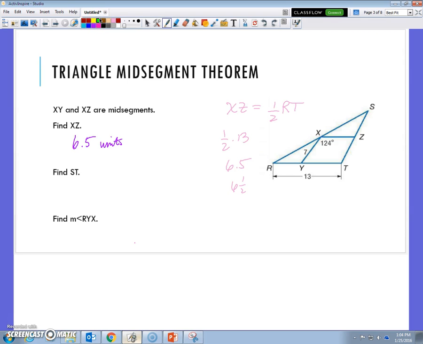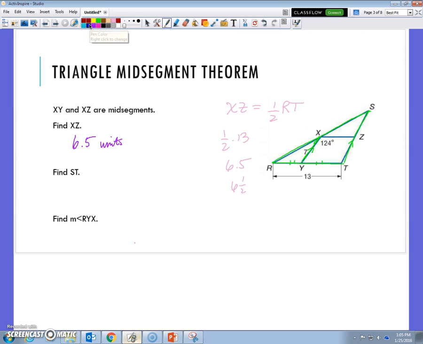Now I'm looking at our ST again, but I'm looking at this mid-segment. I'm promised that this mid-segment is parallel to this side that looks parallel to it, the one that's not being used and not included in the segment.